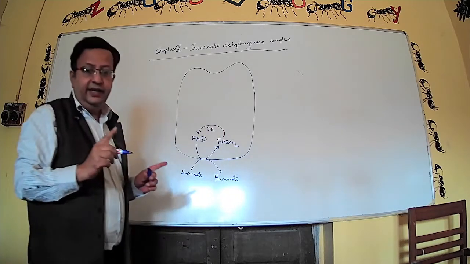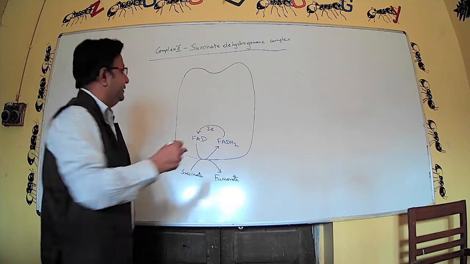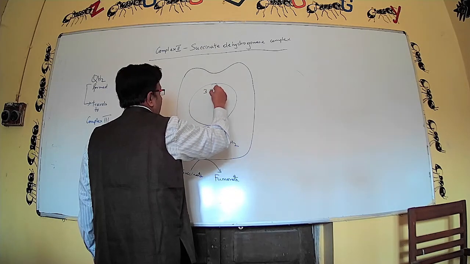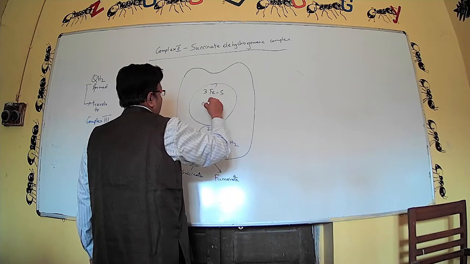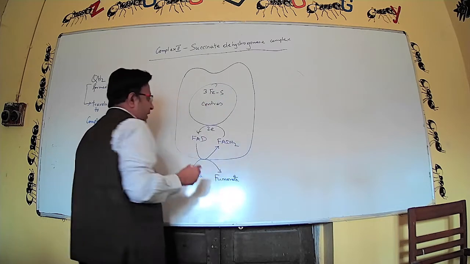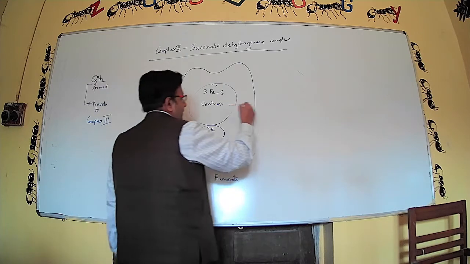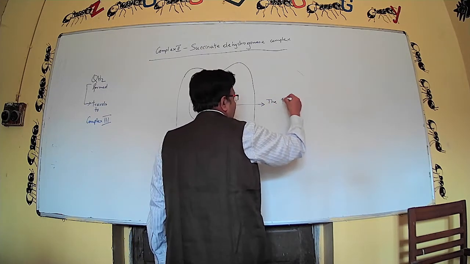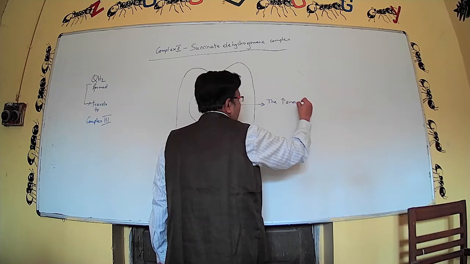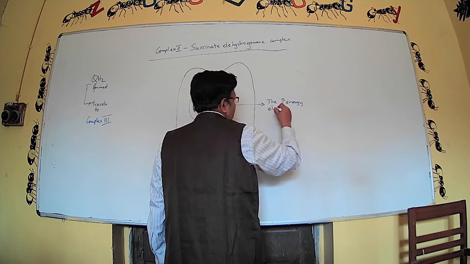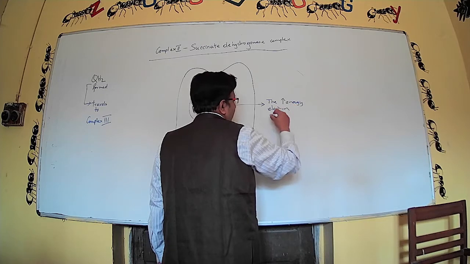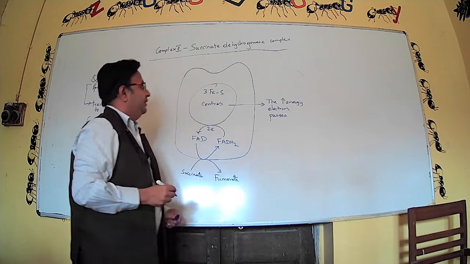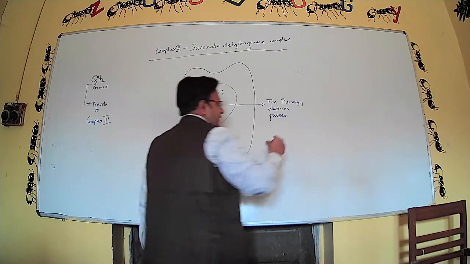There are three iron sulfur centers. The electron passes, the high energy electron passes through these three iron sulfur centers.